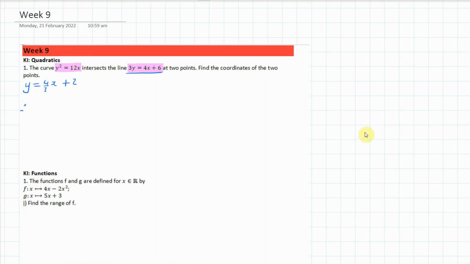So therefore, (4/3 x plus 2) all squared is equal to 12x. Now when I expand that, I'm going to get 16 over 9 x squared plus 16 over 3 x plus 4 is equal to 12x.